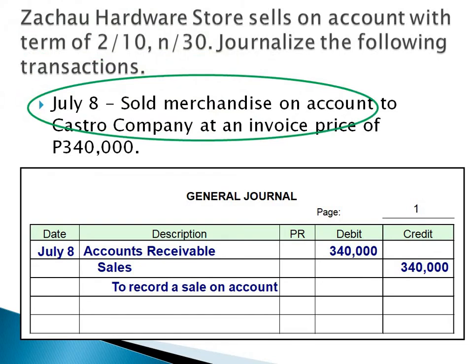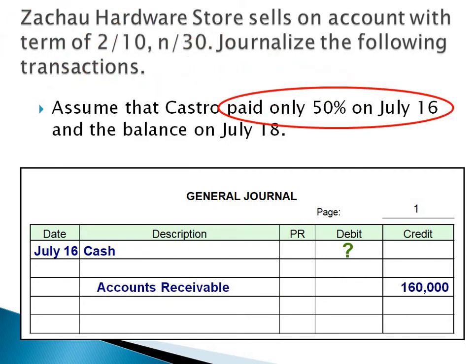When did Castro pay? July 16. From July 8 to July 16, how many days? 8 days only. Is that within the discount period of 10 days? Yes. So, is Castro entitled to this 2% discount upon partial payment on July 16?